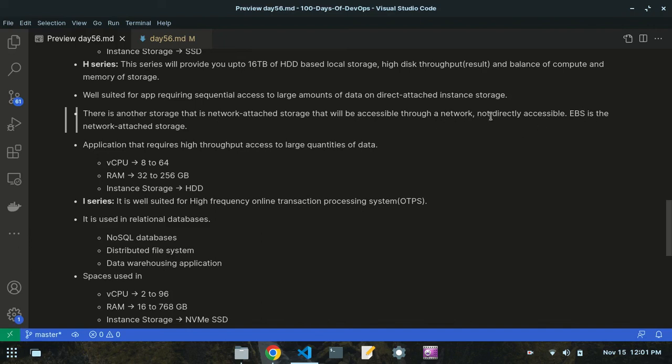EBS is an example of network attached storage, which is not available directly, but you can access it via the network. Now let's take a look at applications that require high throughput access to large quantities of data. Virtual CPUs range from 8 to 64, RAM is from 32 to 256 GB, and instance storage is on HDD.